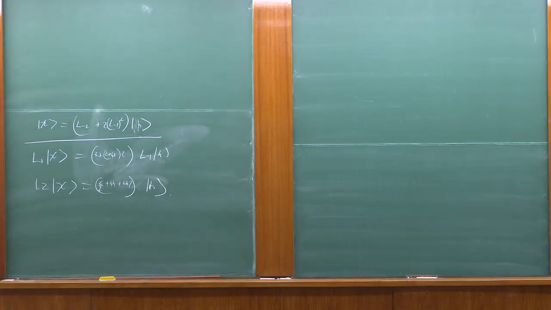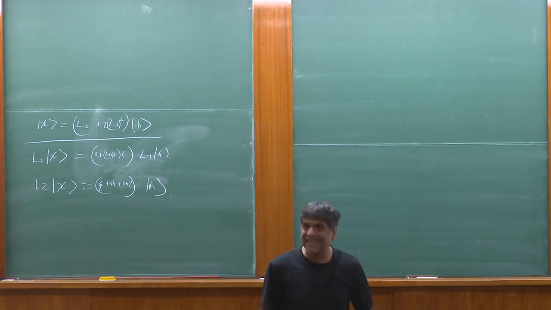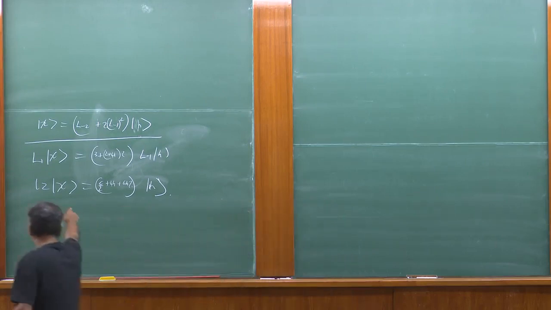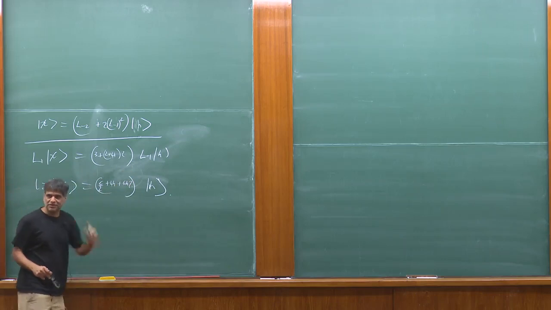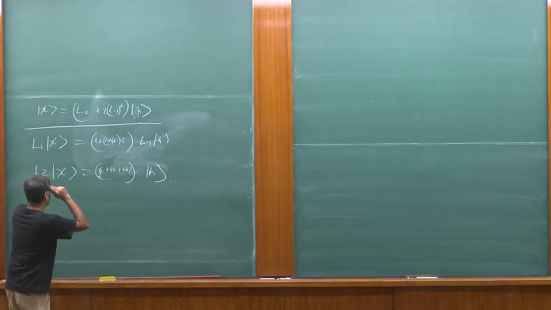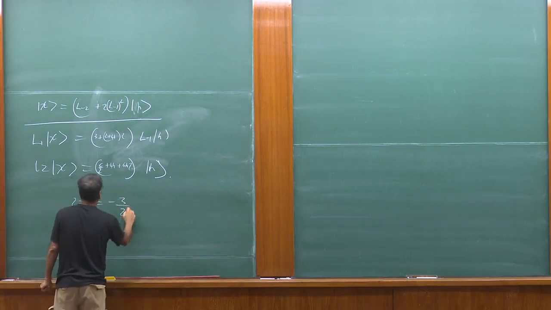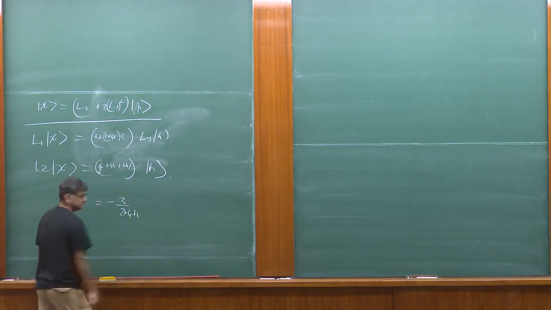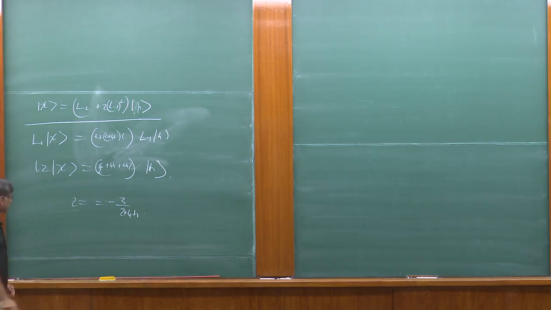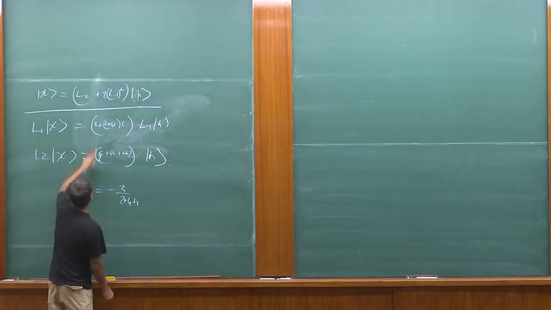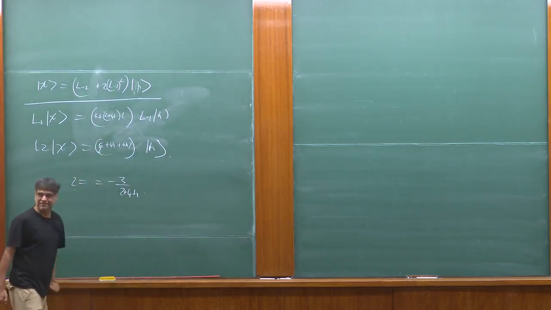Now, question: can the state be null? Can we obey that this state kill the state? You know, can we obey the condition that this guy was 0? We discussed it last class, but I'll just remind you. Our discussion went this way. We had to choose eta is equal to minus 3 divided by 2 plus 4h. Okay? Good. That kills this guy. But what about this guy?